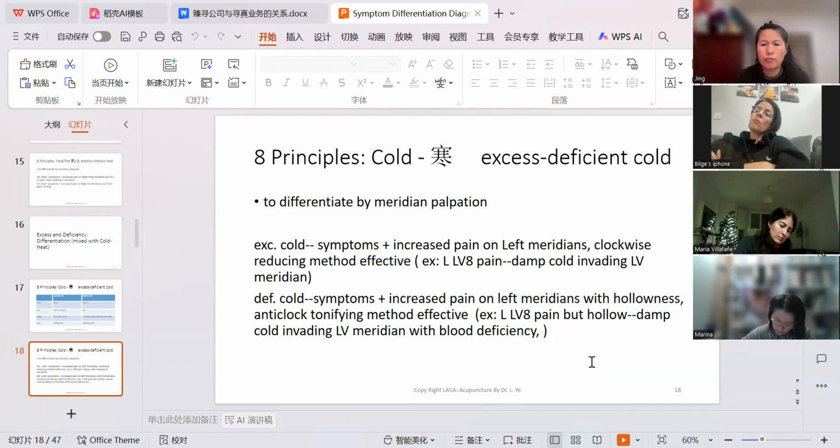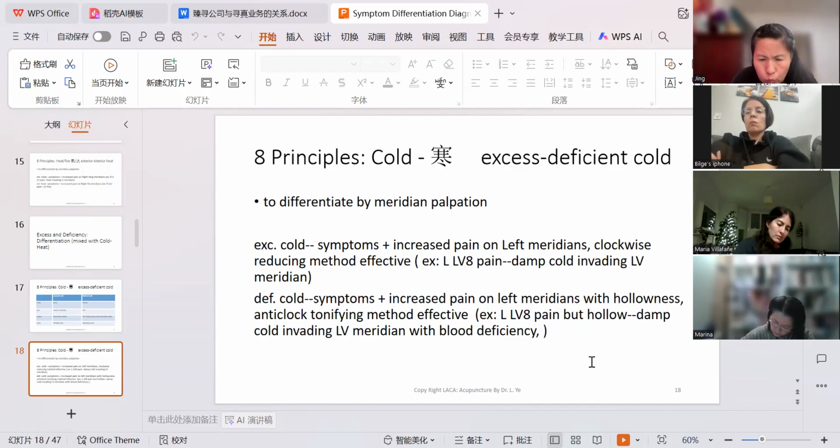Deficiency would be liver yin deficiency. So you're not sure if this period pain is caused by blood stasis, damp or cold, or by blood deficiency or yin deficiency. How can you differentiate it? My method is easy: just apply clockwise massage on liver 8 or anti-clockwise massage on liver 8, and compare which method makes the period pain better.